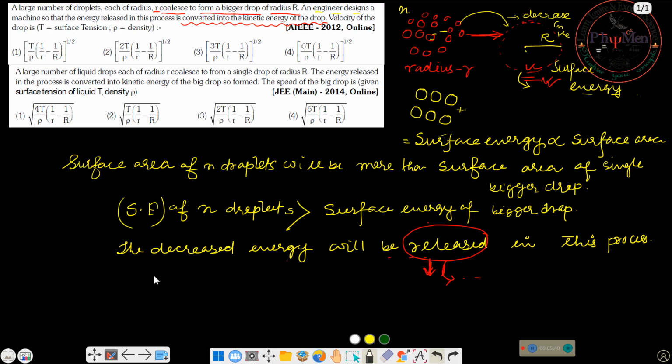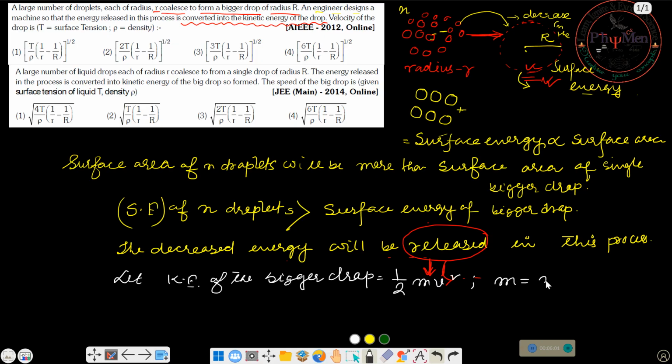So let the kinetic energy of the bigger drop be half mv square, where m is the mass of the bigger drop and v is the velocity of the bigger drop.